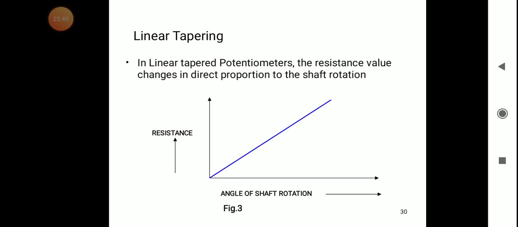In a linear tapered potentiometer, the resistance value changes in direct proportion to the shaft rotation, because the total portion of the shaft is at equal distance.